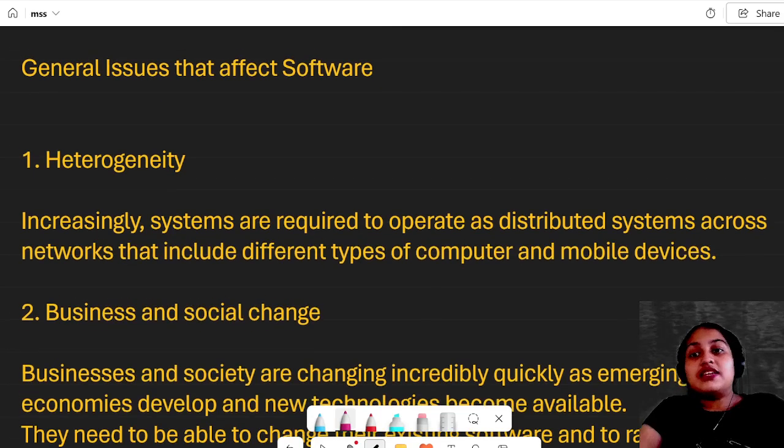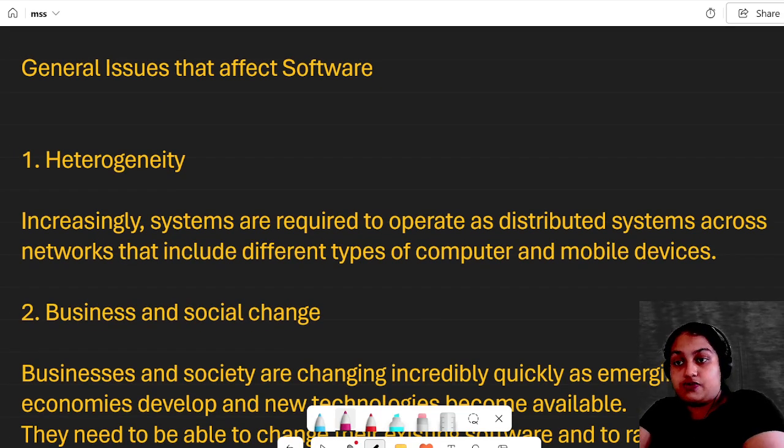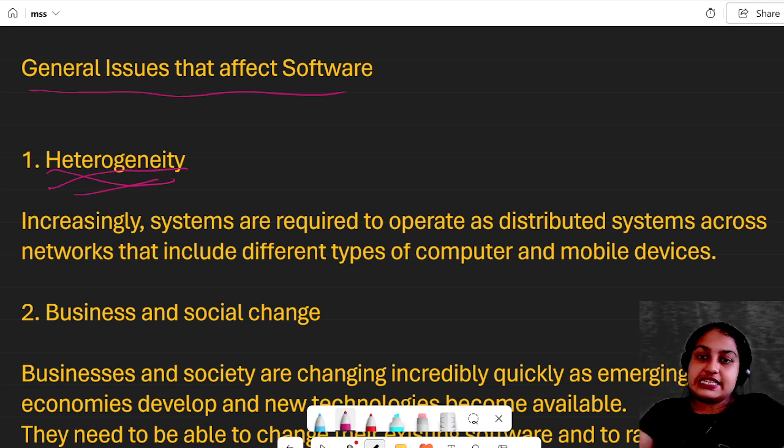So now, general issues that affect the software. Okay, now what are the issues? First one is heterogeneity. What is this heterogeneity? Increasingly, systems are required to operate as distributed systems across networks that include different types of computer and mobile devices. See, now these are the issues of software.